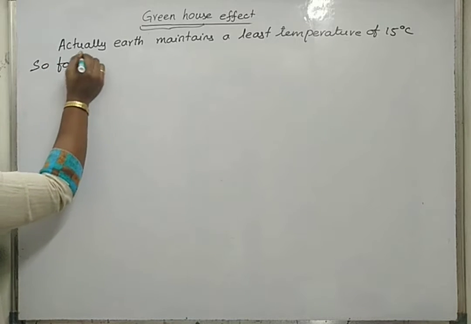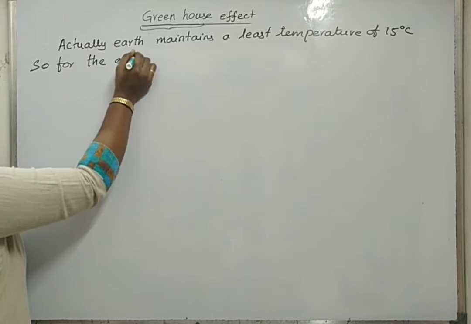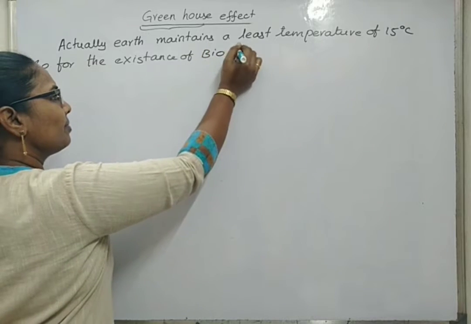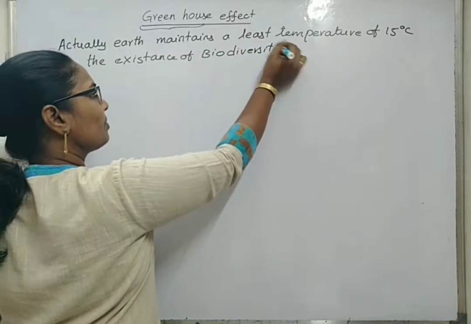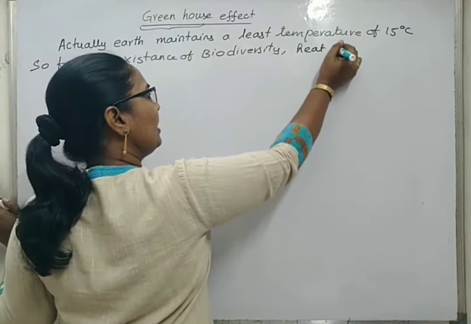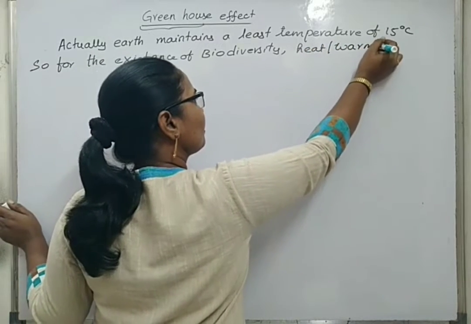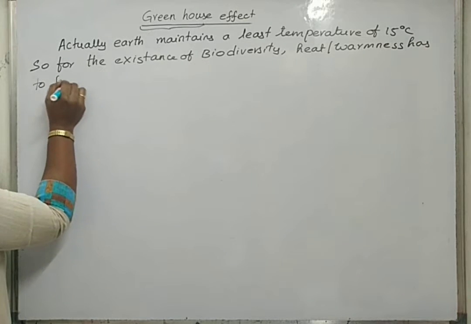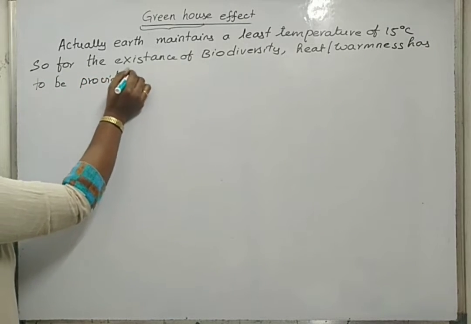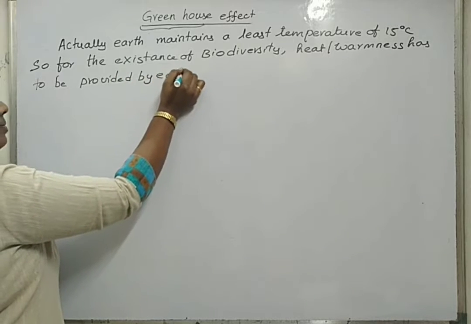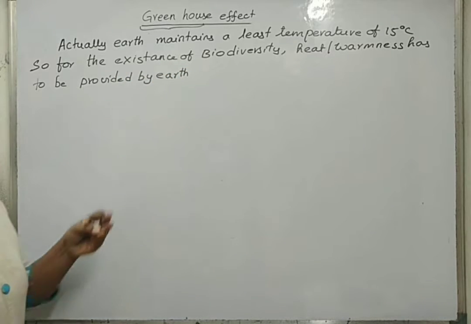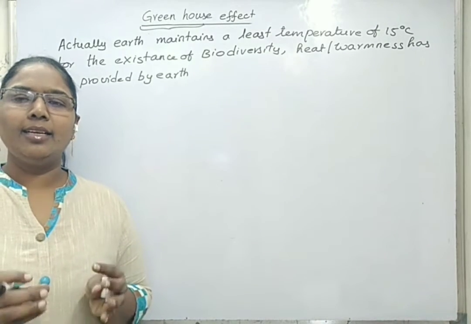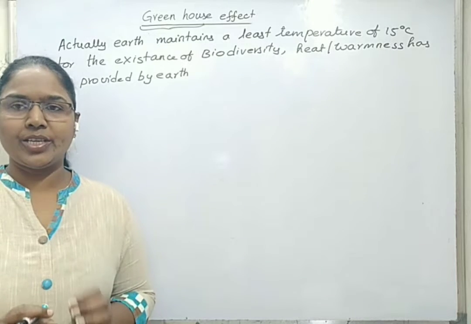So for the existence of biodiversity, heat or warmness has to be provided by the earth, so that when light comes through the atmospheric layers onto the earth, a little bit of warmness or heat is generated.